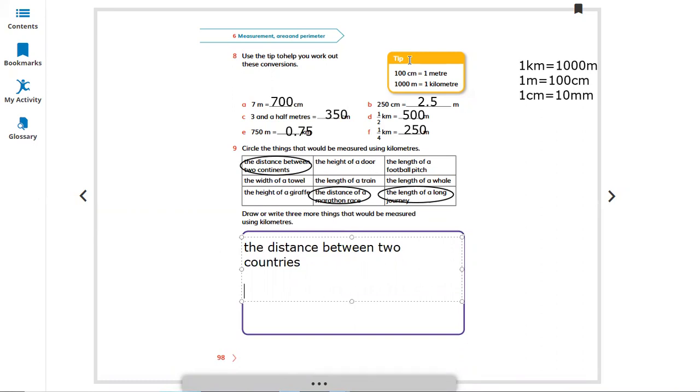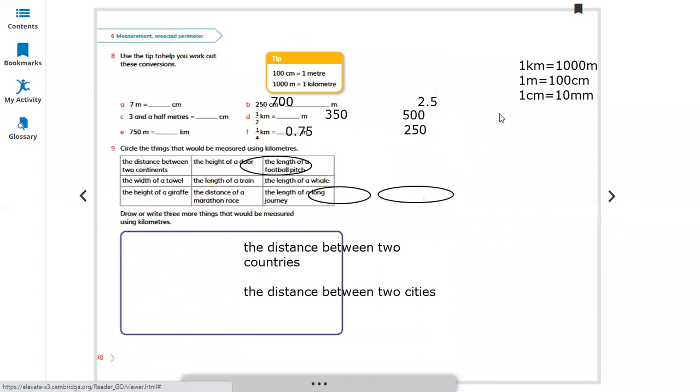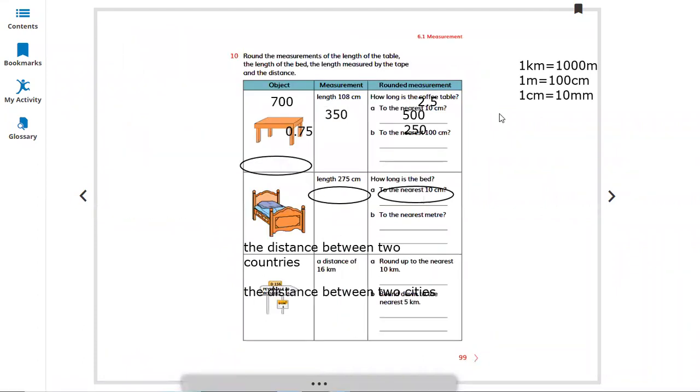We can also use kilometers. We can also use kilometer for this one. Next question. Just erase it.